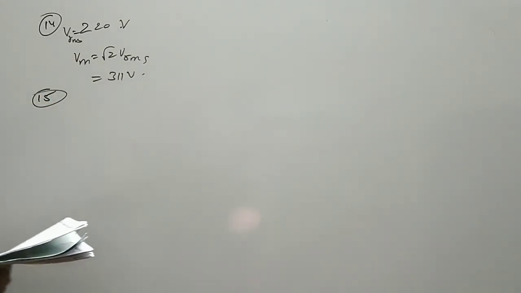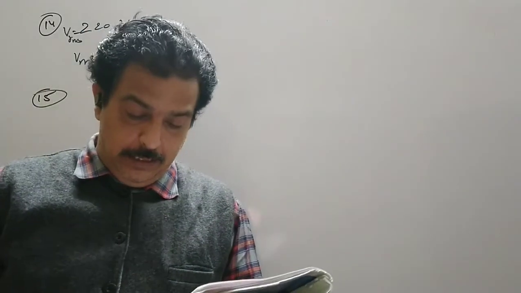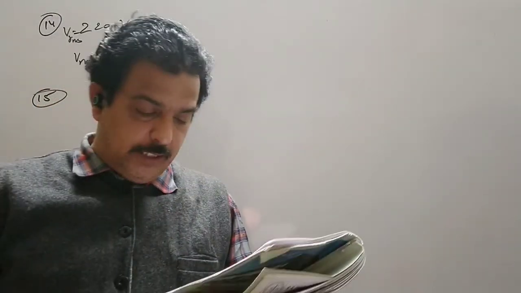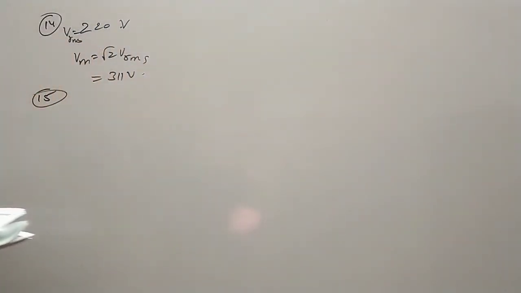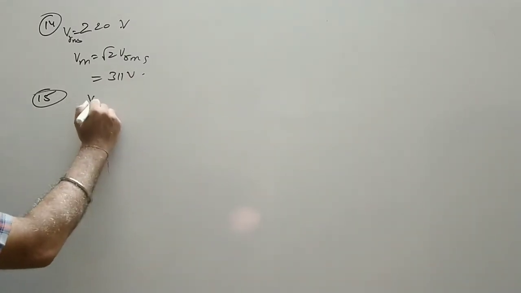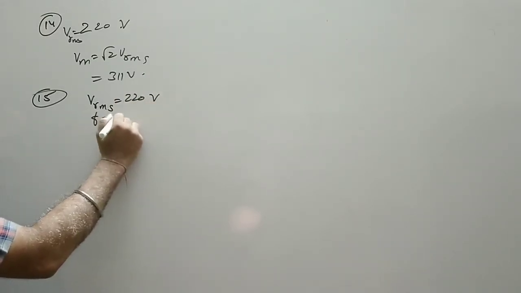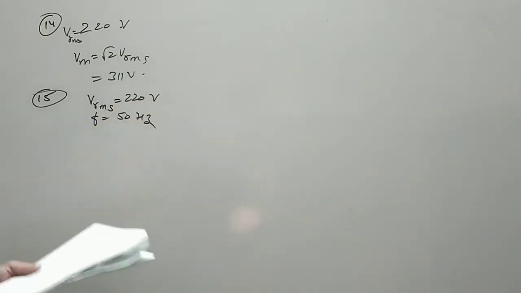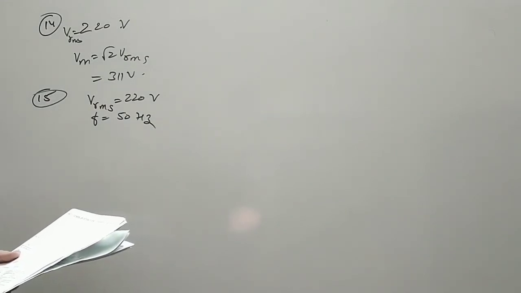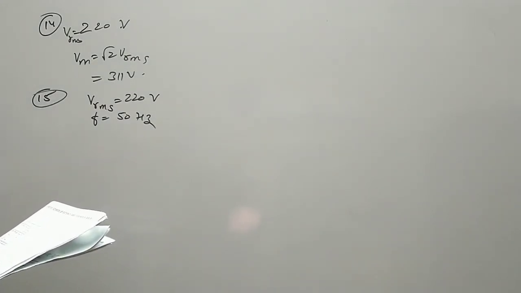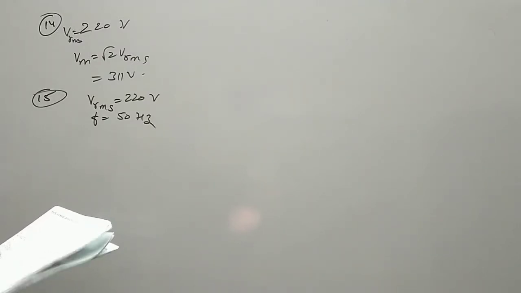MCQ number 15. The reactance of the coil when used in domestic AC power supply 220 volt, 50 cycles per second is 50 ohms. The inductance of the coil is nearly. So again Vrms is equal to 220 volt, frequency is equal to 50 hertz, and the reactance of the coil given is 50 ohms.